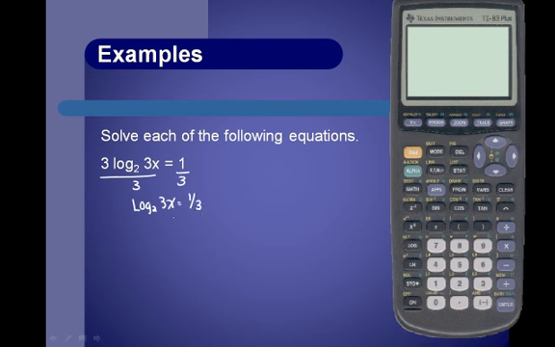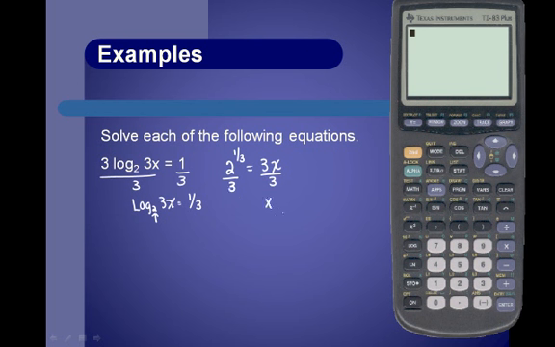Well, the way we undo a log is we do a base. So to solve a log equation, we're going to write it as an exponential, which means 2 to the power of 1/3 is equal to 3x. Because the base was 2, the answer to the log is the power. Well, to solve this, we're going to divide both sides by 3.